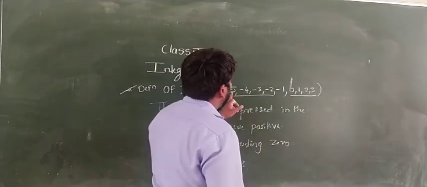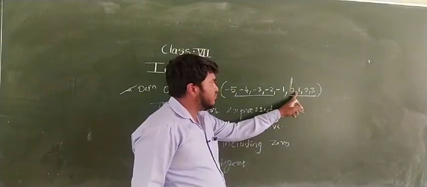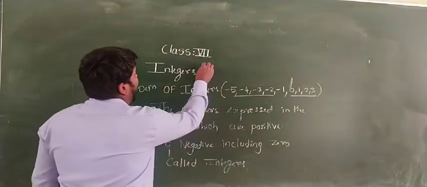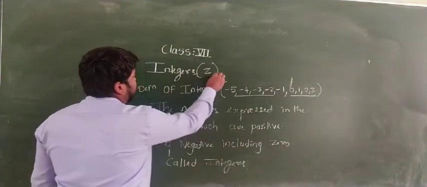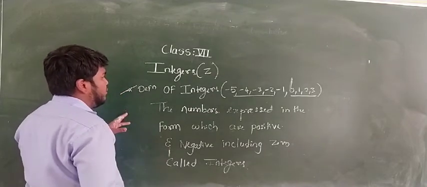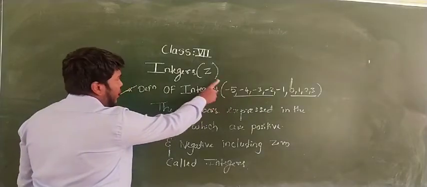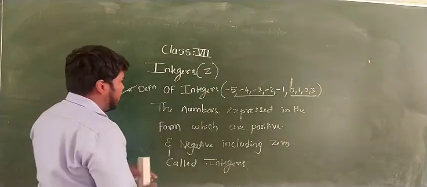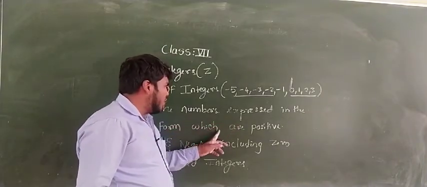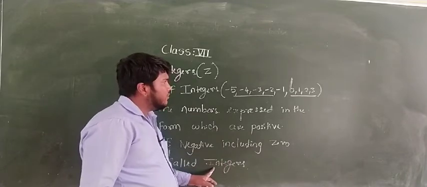See here, numbers which are on the left are negative integers. The numbers which are on the right are positive integers. With 0, they are called integers, and integers are denoted by Z. So see here once again, students, the numbers expressed in the form which are positive and negative including 0 are called integers.